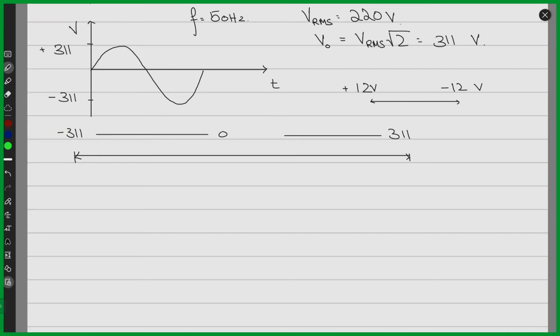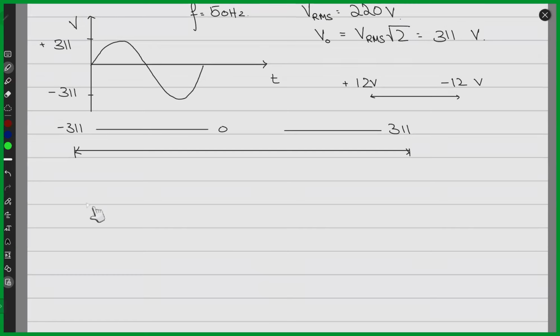So what we want to do is change this supply to a constant, or at least almost constant, current or voltage. Let's call it V naught. In this case, the current or the voltage is constant at every point in time.